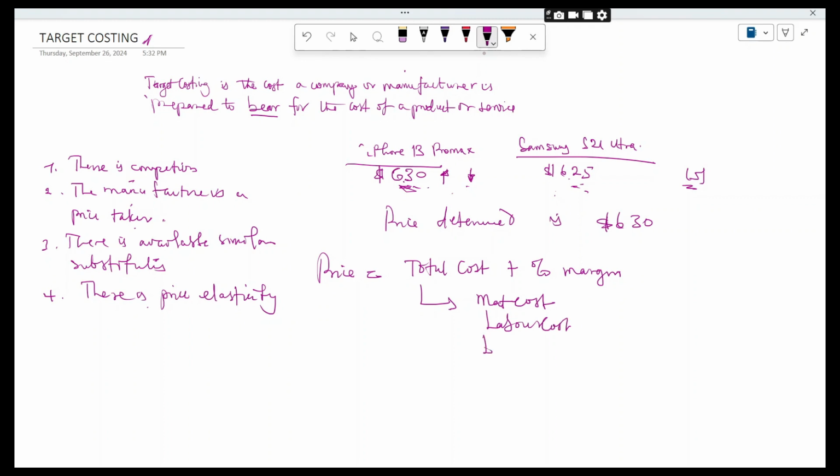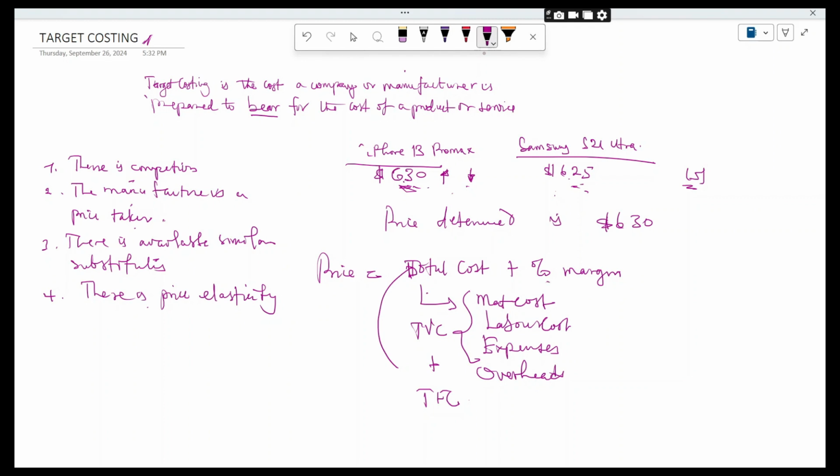We are going to have direct expenses, and we are going to have your overheads. All of these will come together to form your total cost. So this will be your total variable cost, right? Then you get your total fixed cost. So your total fixed cost plus your total variable cost will give you your total cost. Great. Then after that, you add your profit margin.